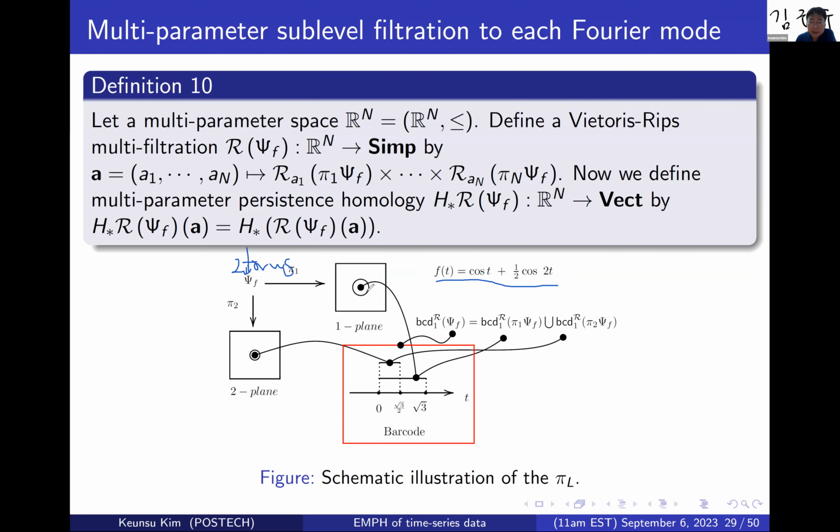The first circle's radius is 1, and the second radius is 1/2. And we apply the Vietoris-Rips complex to each circle and then take the product of them. And we assign this product simplicial complex to a point in the multi-parameter space. Then this is a multi-parameter persistent homology.